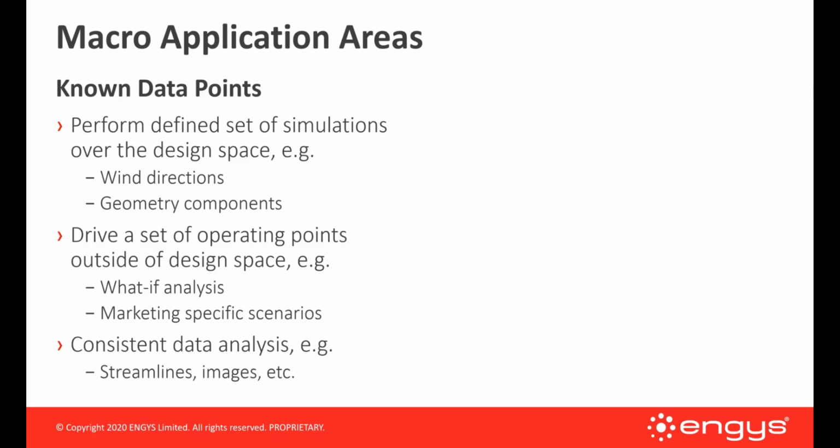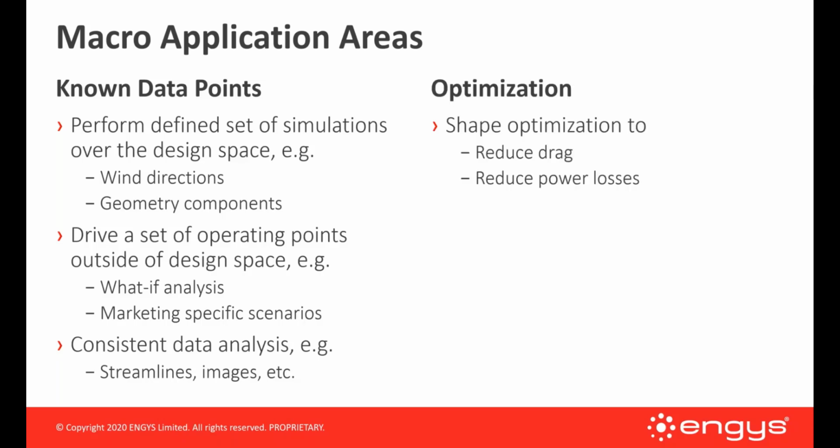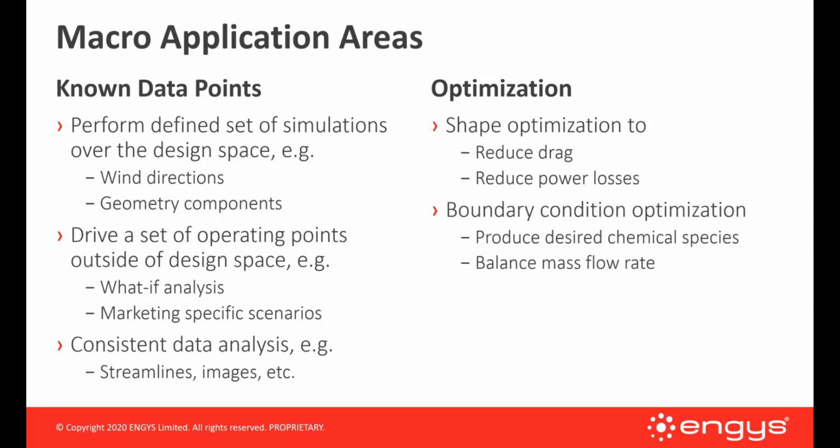So known data points. The other one is optimization. So we could do shape optimization to do things like reduce drag, reduce power losses. We could also do optimization on the boundary conditions themselves to produce a desired chemical species. So what is the inflow of chemical A that comes in this inlet, and at what quantity in order to maximize an intermediate reaction, something like that.